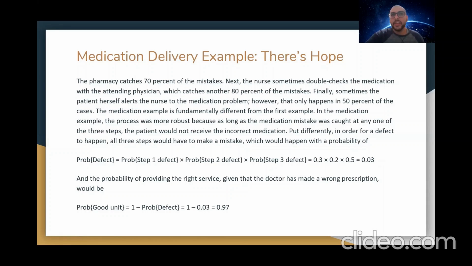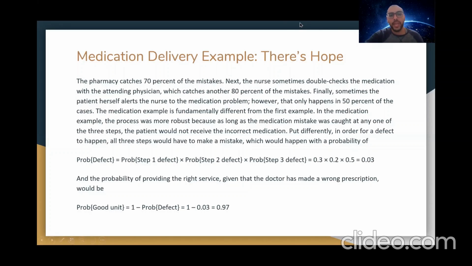So if step 1 and step 2 in the process make a mistake, but step 3 catches it, this mistake will be fixed and we will end up with a good outcome. And so on. Because it's basically like a circle. So there is no start and there is no end. As long as the error gets caught, it will be fixed and we will end up with a good outcome.